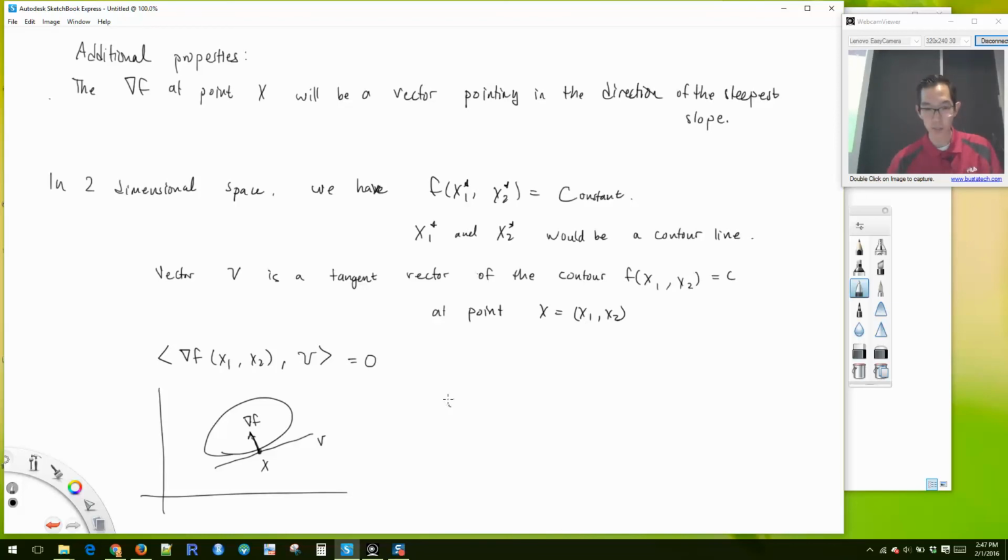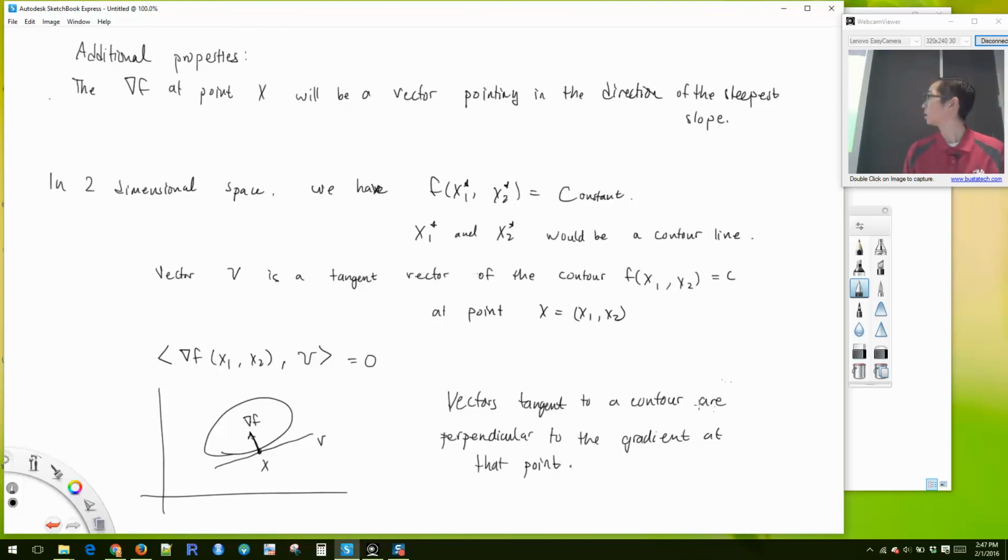So, vectors tangent to a contour are perpendicular to the gradient at that point. Okay. I think that's all right. I'm going to run out of time here.